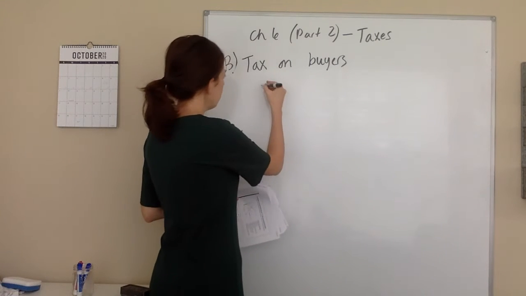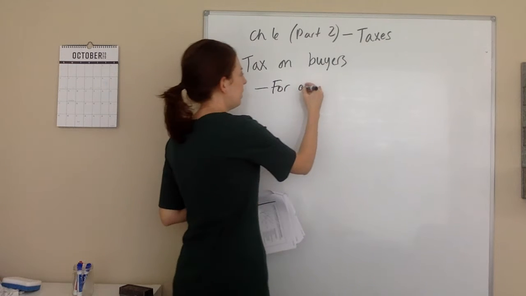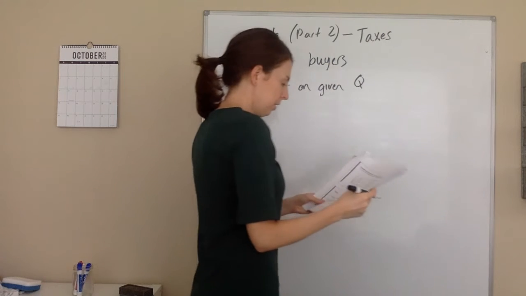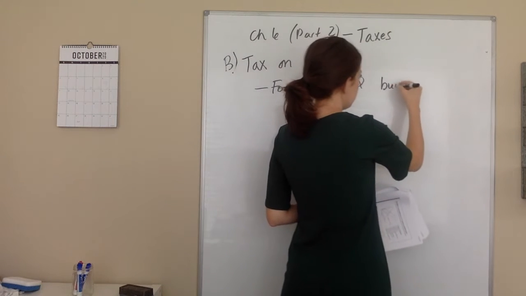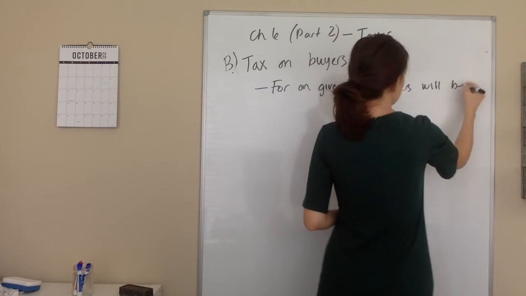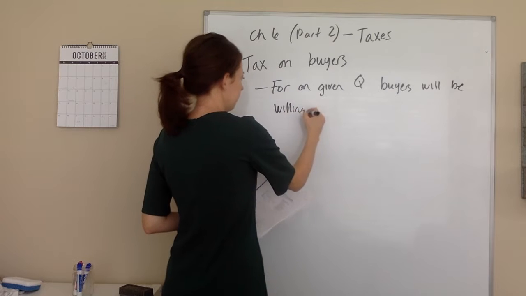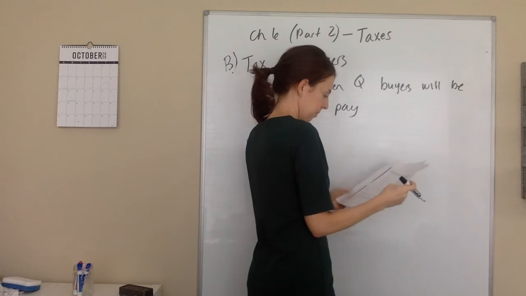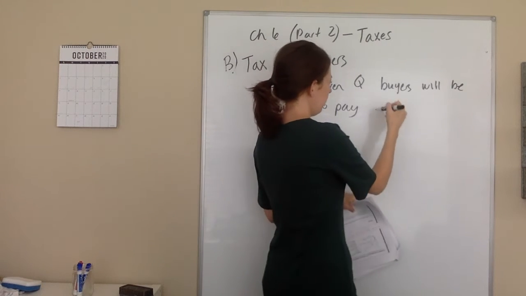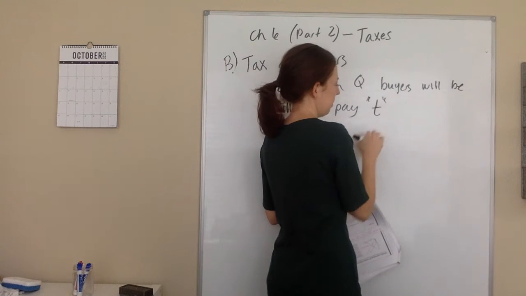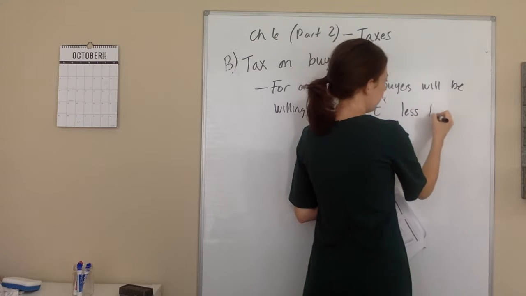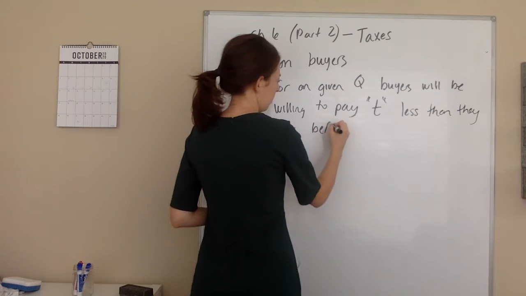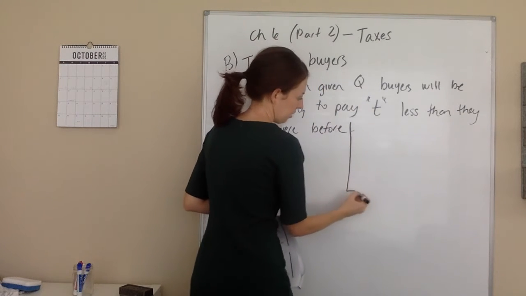So for any given quantity of cars, buyers will be willing to pay T, the tax amount, less than they were before. Okay, so now the picture to go with this.